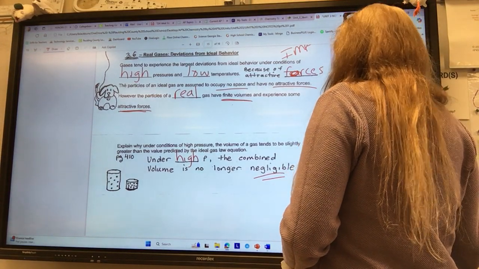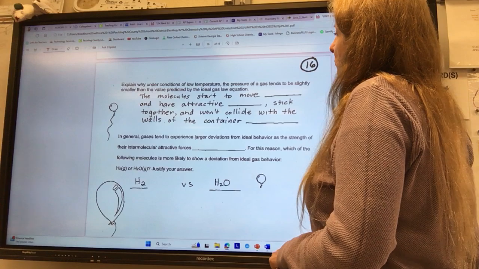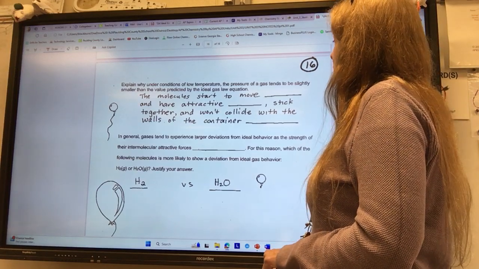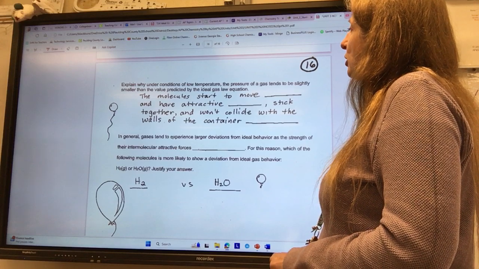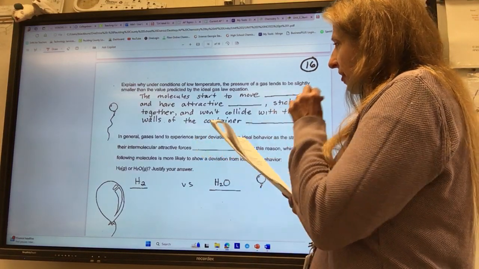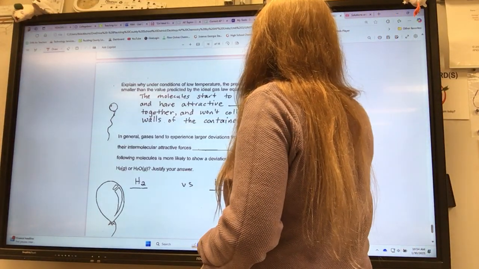Good. Okay. Explain why, under conditions of low temperature, the pressure of a gas tends to be slightly smaller than the value predicted by the ideal gas law. The molecules start to move slower.